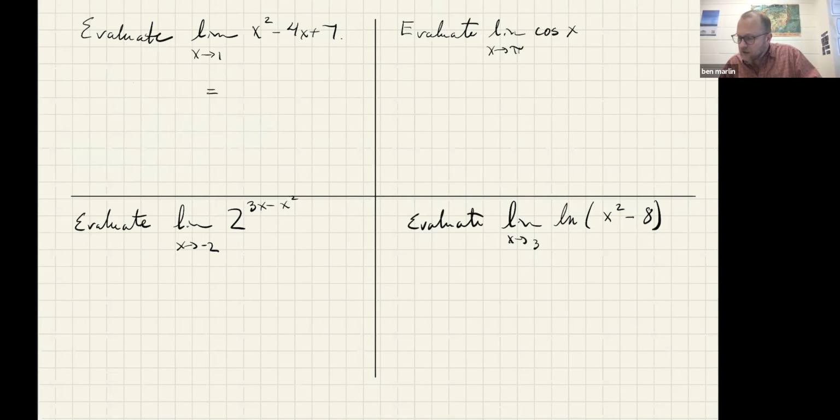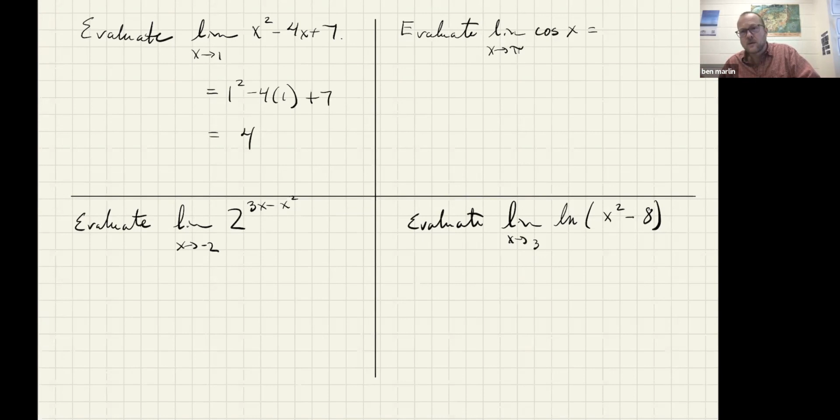So if I plugged in 1 squared minus 4 times 1 plus 7, I would end up getting 4 as an answer. Boom, that's it. If I came over here and it said, evaluate the limit as x goes to pi of cosine x, I look and I see, and this is the important thing, am I dividing by 0?